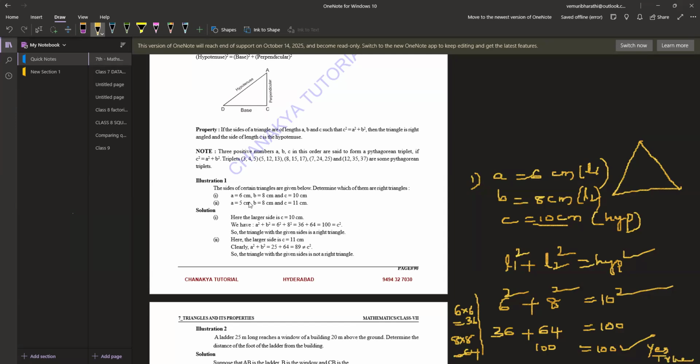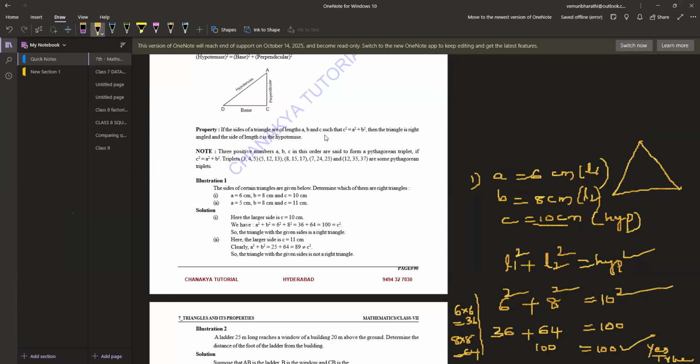Go with the second example. You try, children, check whether it's a right angle triangle or not. 5, 8, 11 centimeters. What is the hypotenuse here? 11. 11 square, check with 5 square plus 8 square. Is it true or false? That's 25 plus 64.